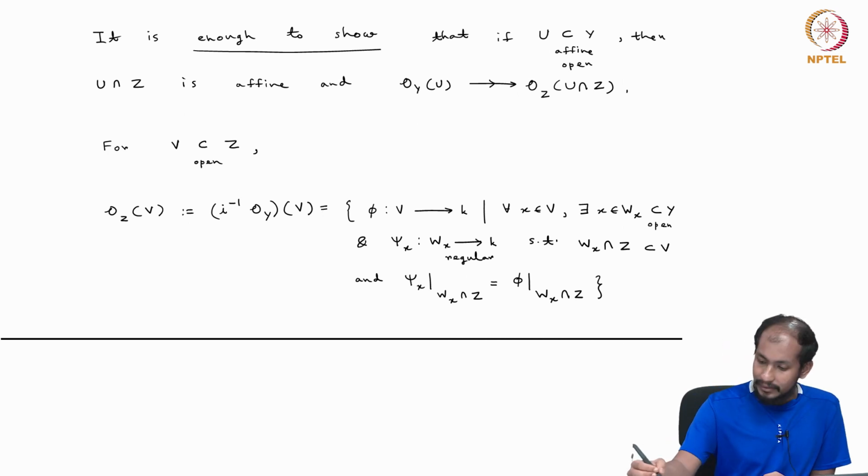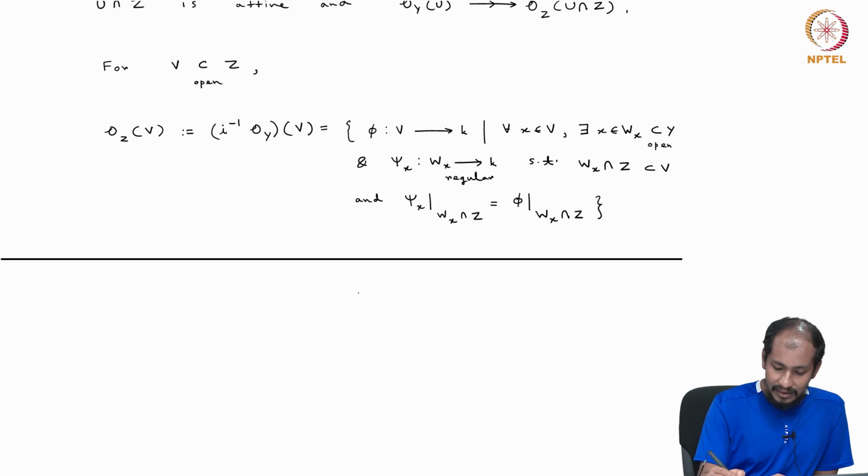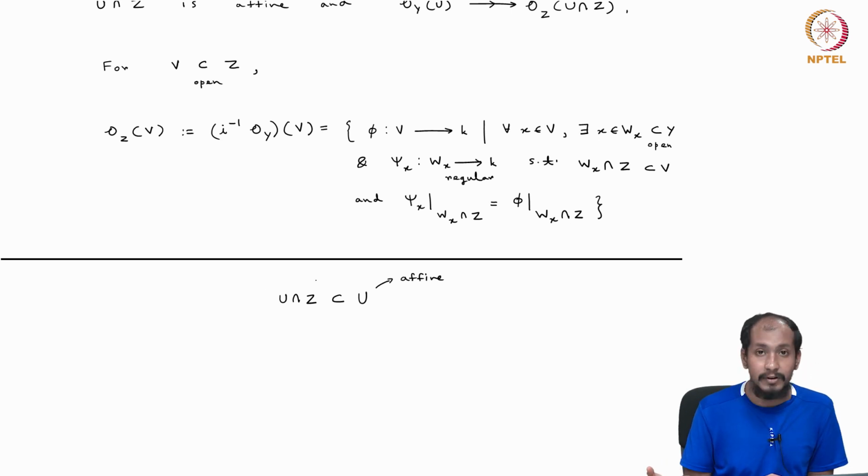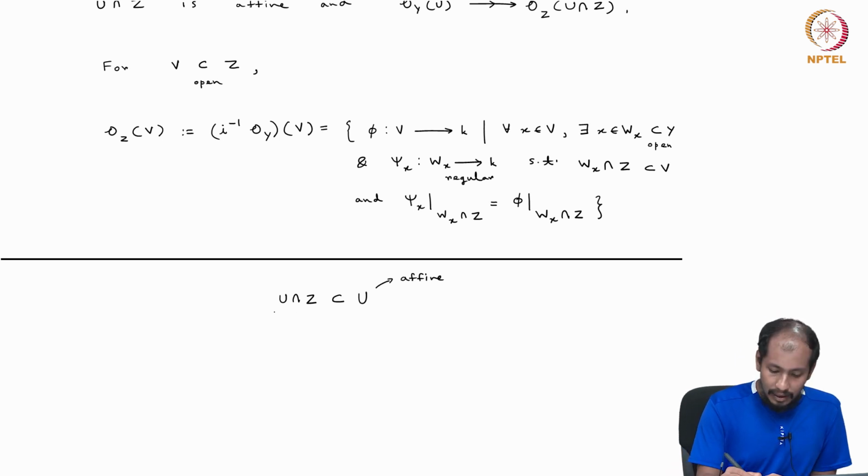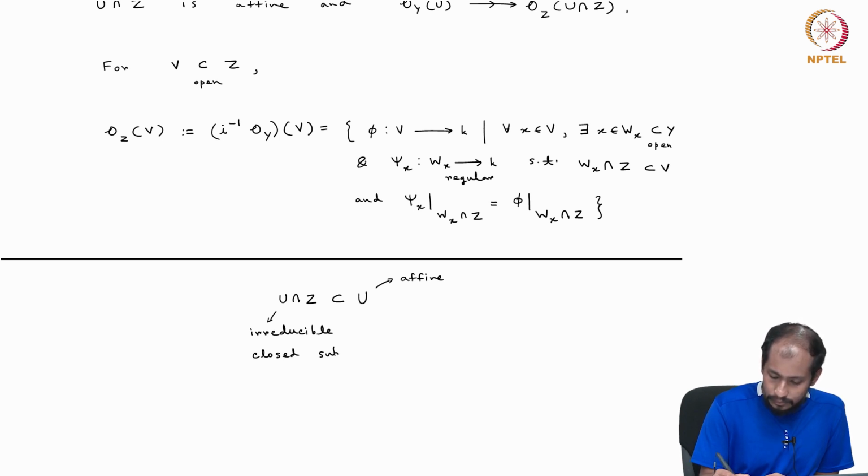So fine. Now we have that U intersection Z is inside U. Now U is affine, and U intersection Z, because Z is a closed sub-pre-variety, and in the definition of pre-variety we also assume that it is irreducible, so U intersection Z will be an irreducible closed subset of U, and U is affine.